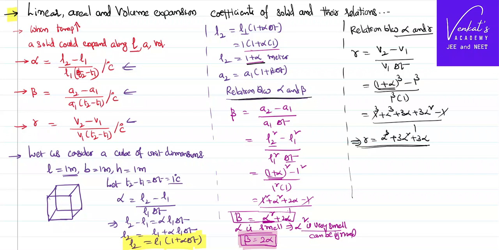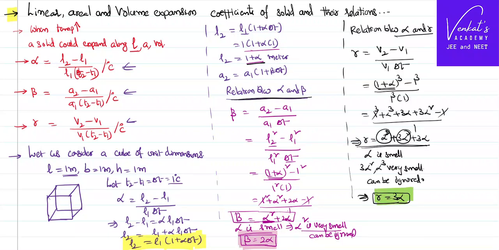And the same concept can be continued here. Alpha is small, which implies 3 alpha square and alpha cube become very small and can be ignored for the normal regular calculations that we are making. So when you ignore these two, the remaining term gives gamma equal to 3 alpha. So you got a relation.